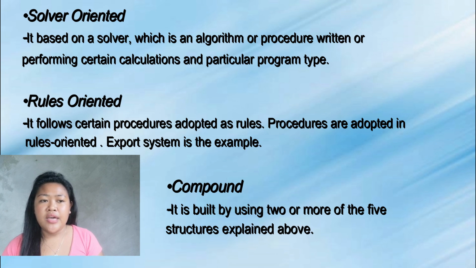Rules-oriented. It follows certain procedures, adopted as rules. Expert system is an example. Compound. It is built by using 2 or more of the 5 structures explained above.